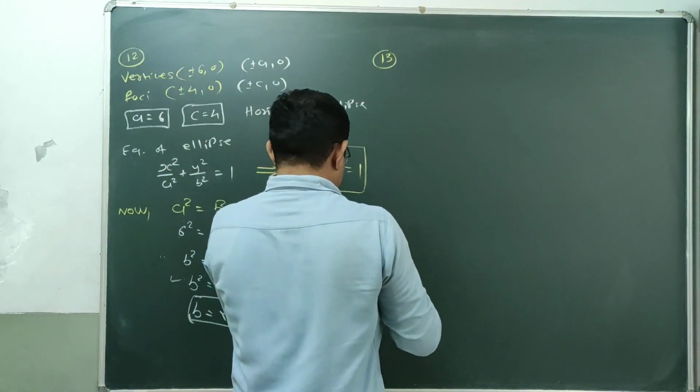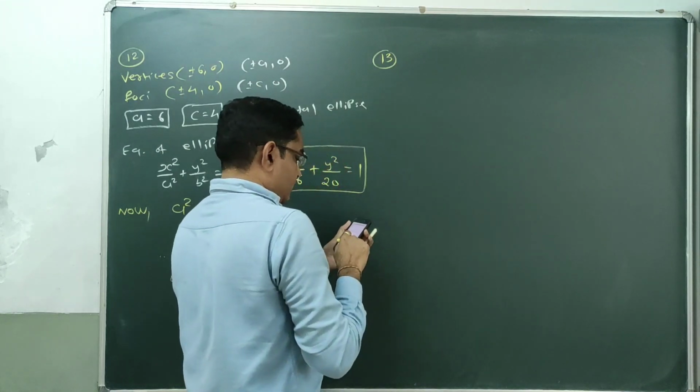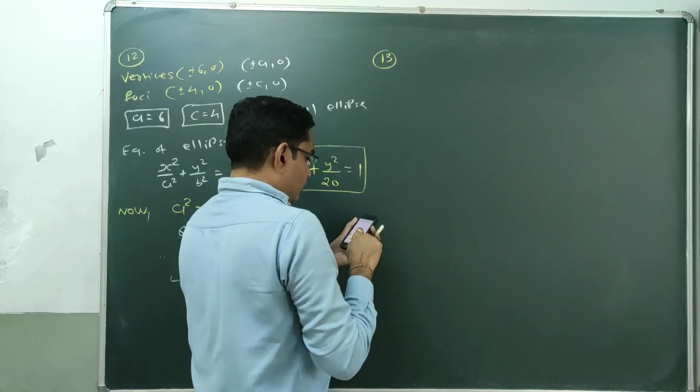Here the condition is to find the equation of the ellipse which satisfies the given condition. So here we are given the endpoints of the major axis.